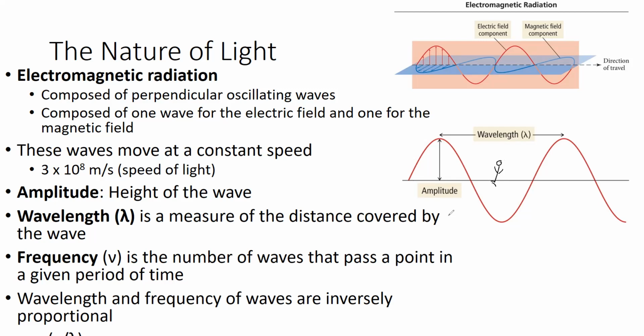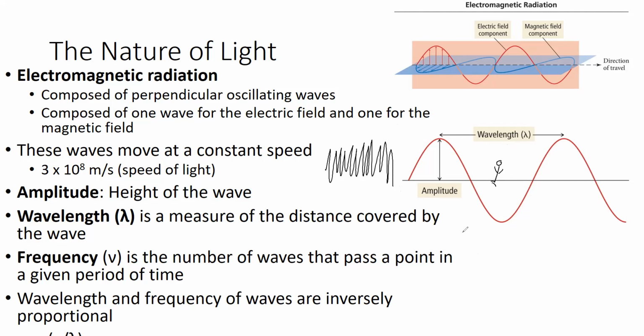And wavelength and frequency are inversely proportional, right? The longer your wave is, the longer the wavelength, the lower the frequency, the lower that it will pass through that point. But if your waves are really close together, then frequency would be very high.